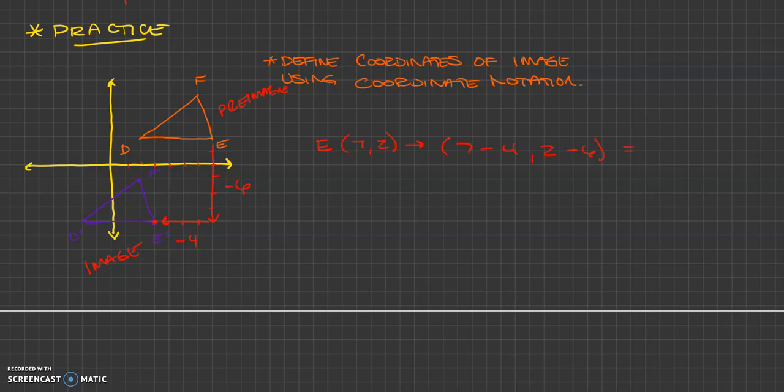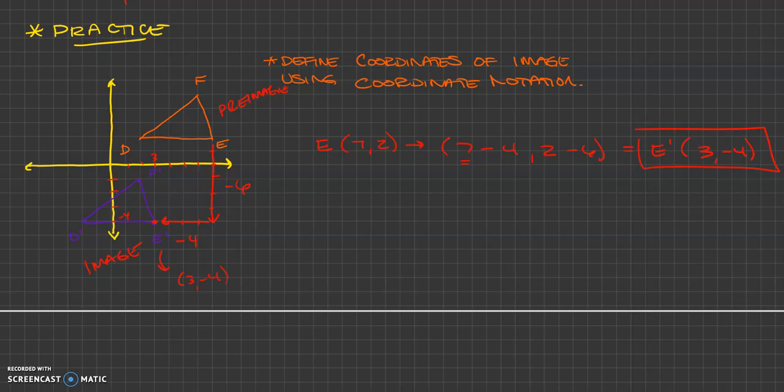Because I'm dealing with my horizontal and vertical, and you have to pay attention to that. 7 is my X axis, and I went horizontally 4 units to the left, and that's why I subtract that. So E prime should be 3 and negative 4. Well, let's check that with our drawing here. E prime should be 3, and there's 3, and 1, 2, 3, 4, and that's going to be negative 4. So E prime is at 3 and negative 4, so that holds true.